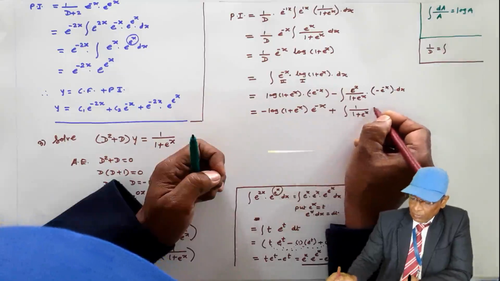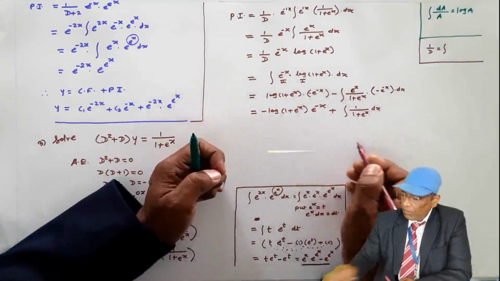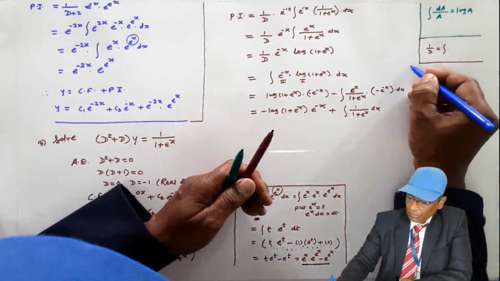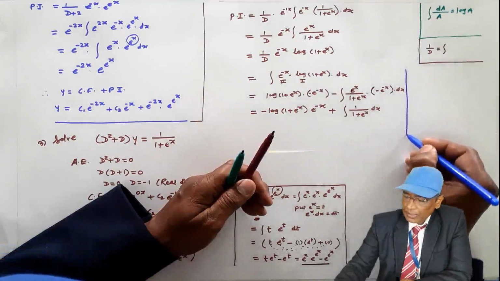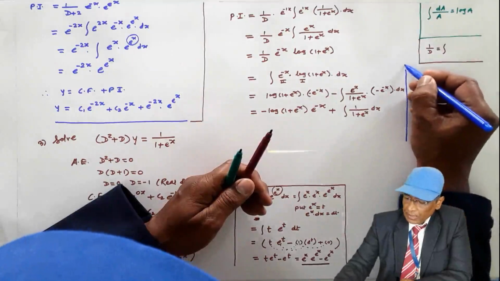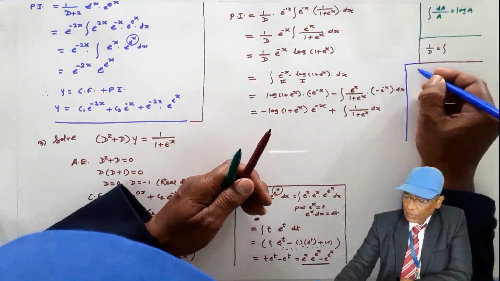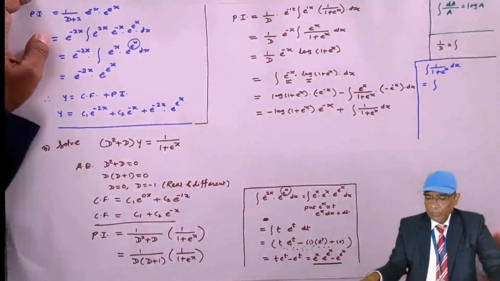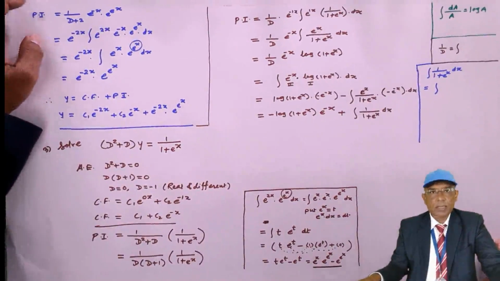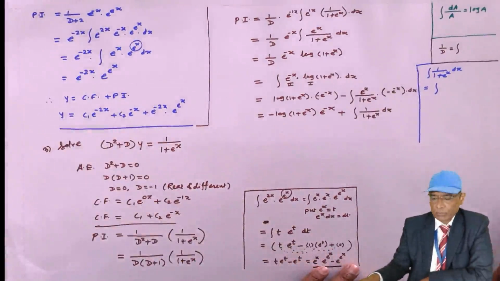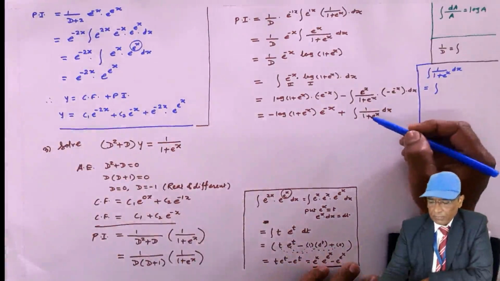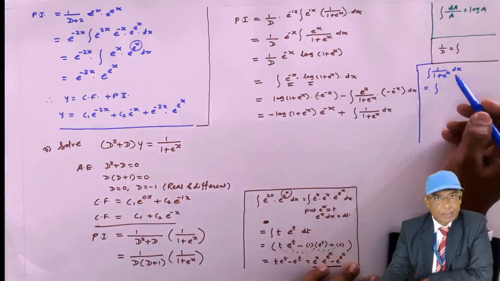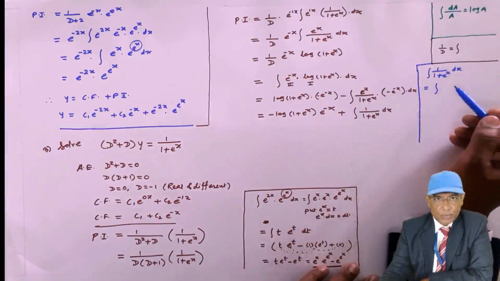Okay, now instead of finding their integral together, I am finding the integral of this separately. 1 by 1 plus e to the power x, its integral we want. I am evaluating the integral of 1 by 1 plus e to the power x separately, that integration with respect to x, no doubt.